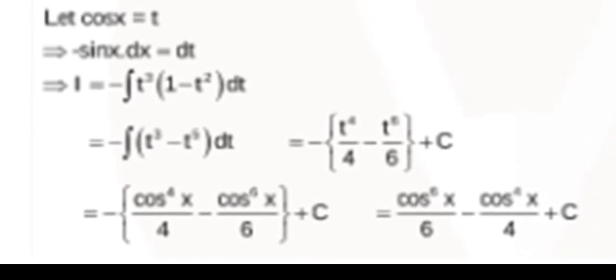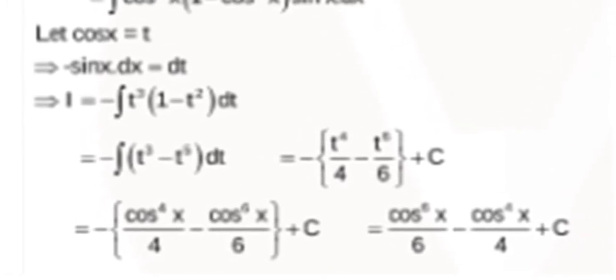Ultimately, putting the value of t, the required answer is minus cos to the power 4 x by 4 minus cos to the power 6 x by 6 plus c, and ultimately the answer, after removing the bracket, is cos to the power 6 x by 6 minus cos to the power 4 x by 4 plus c.